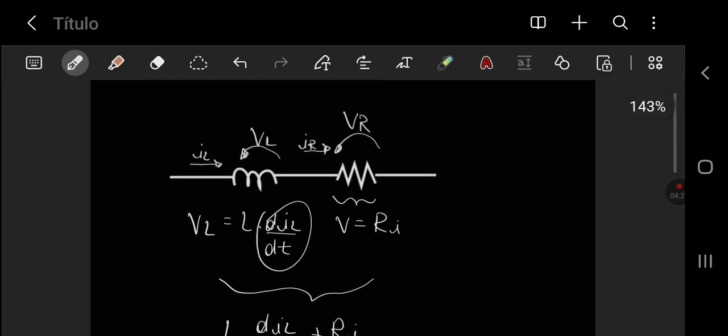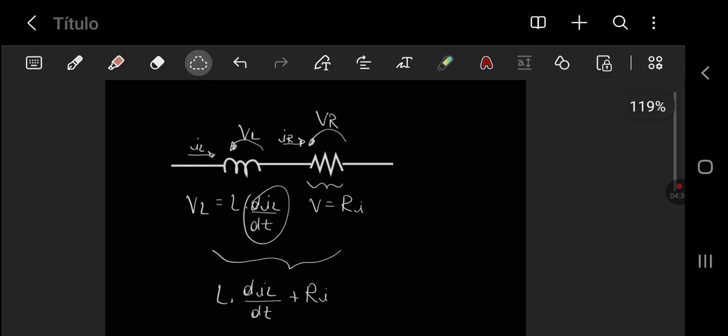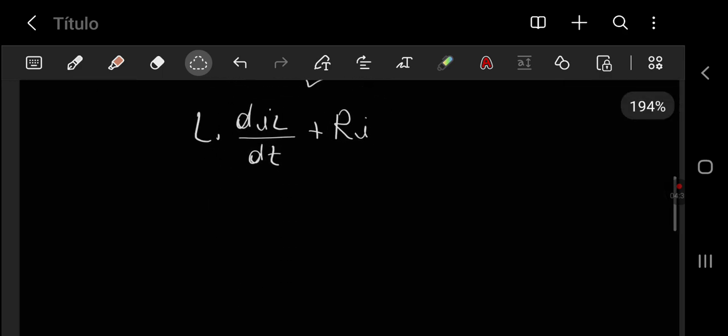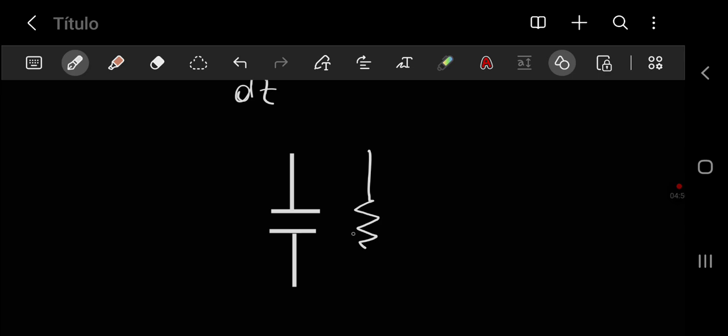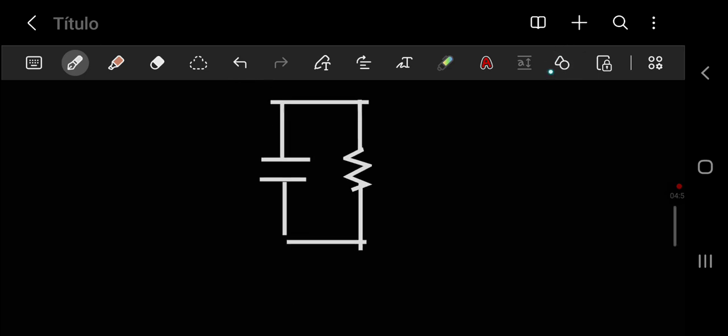And the other part of the structure was a capacitor in parallel with a resistive element representing the conductance.